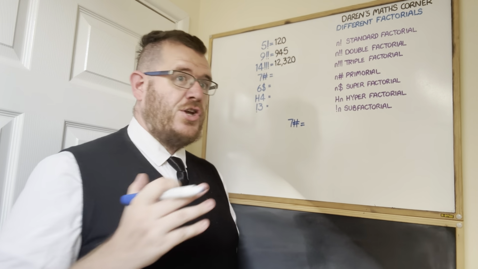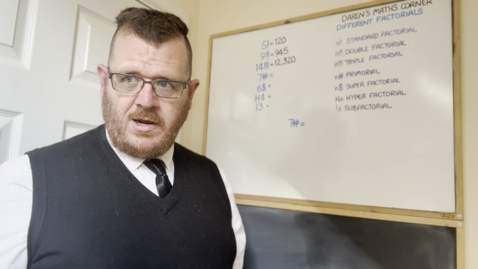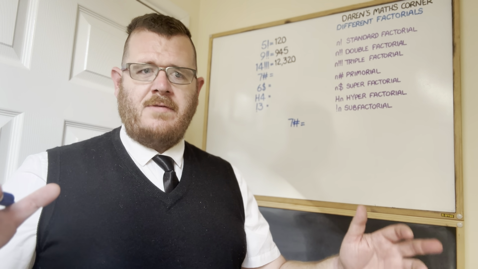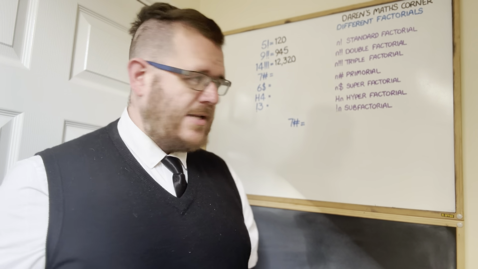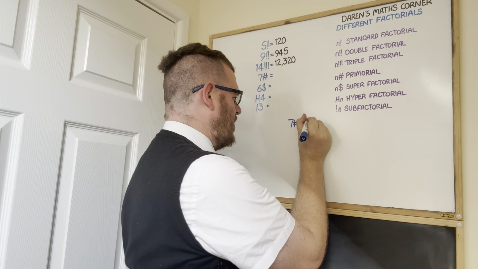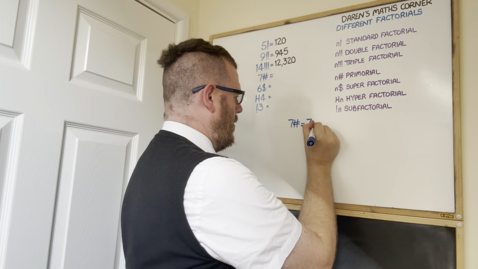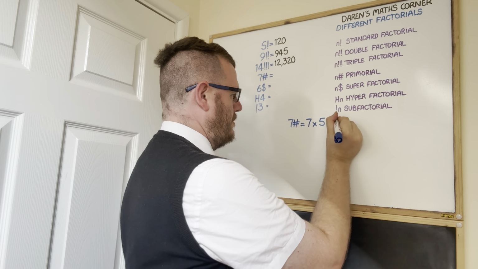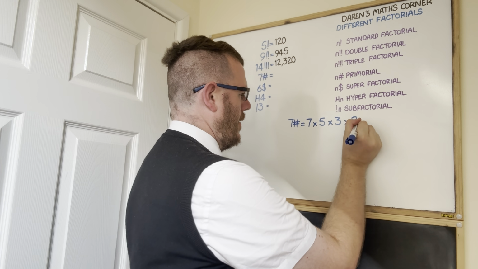So what we've got there, 2 is a prime number, so is 3. 4 isn't, nor is any other even number after 2. 5 is, and 7 is, and 7's the last prime number at that point. So with that in mind, you do 7 times 5 times 3 times 2.